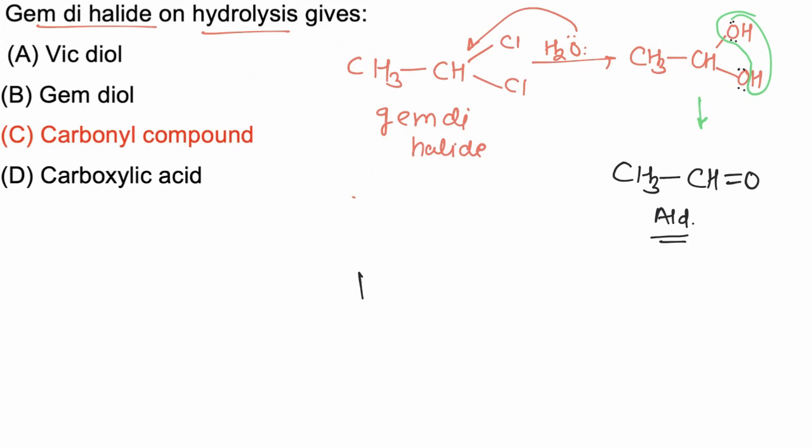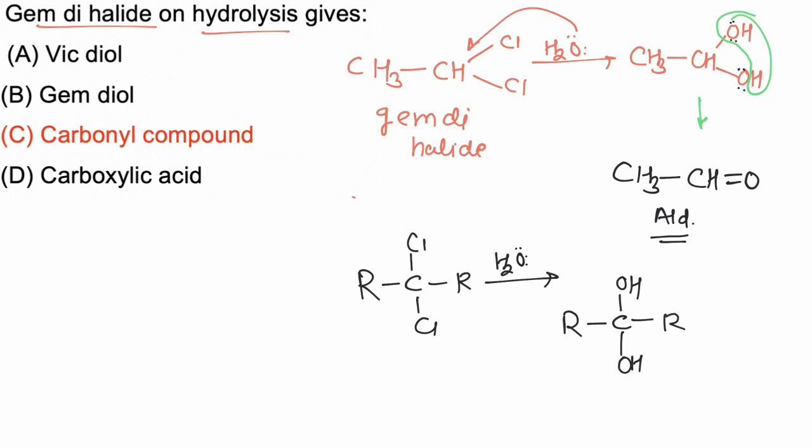If this molecule is taken and treated with water, this is again a gem dihalide. But this is an internal gem dihalide, so on hydrolysis both Cl will be replaced by OH groups.